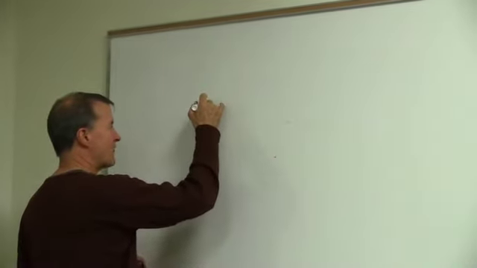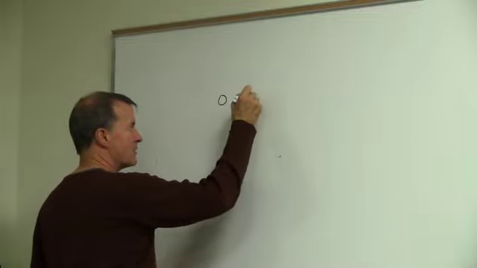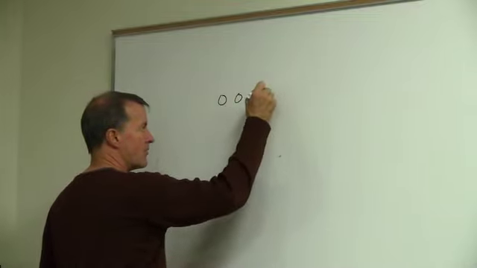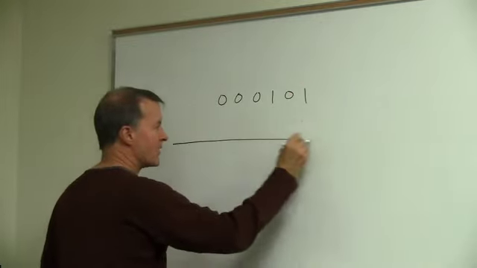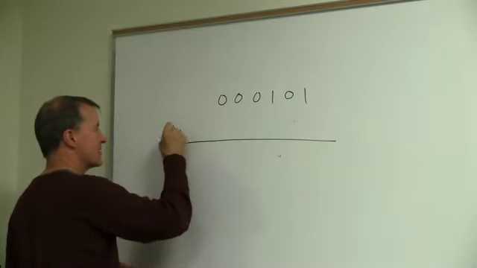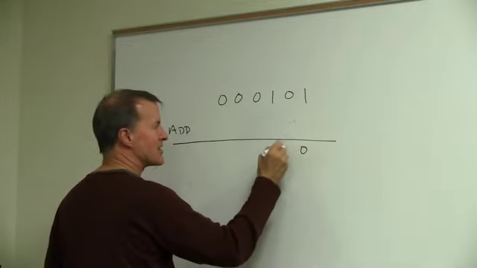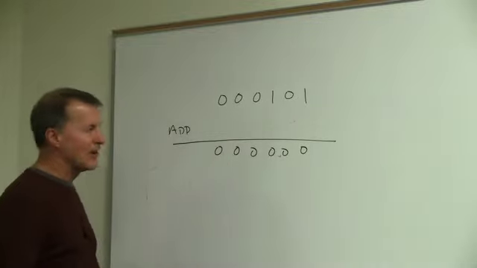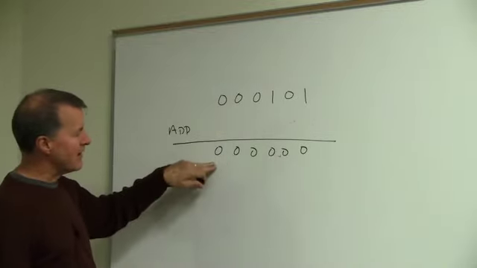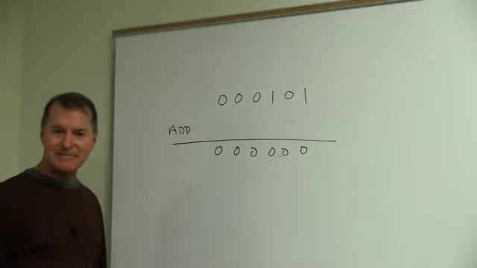We know that 5 is stored as 0, 0, 0, 1, 0, 1. So my question is, what will get us 0, 0, 0, 0, 0, 0? What do you have to add to this in binary to get all zeros?